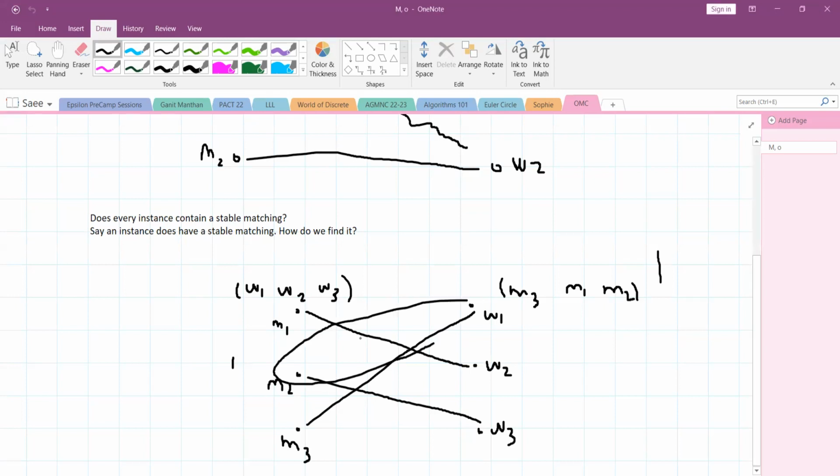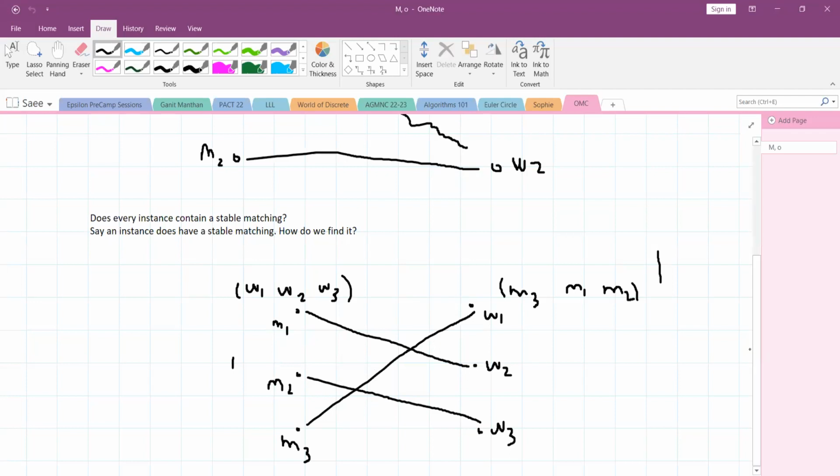So they are not paired, and M2 likes W1 more than his current partner, but W1 is currently paired with M3. So W1 doesn't want to change. Even if M2 wants to switch to W1, W1 is happy with her current partner. So this is not an instability. Yeah, makes sense, right? Okay. Awesome.